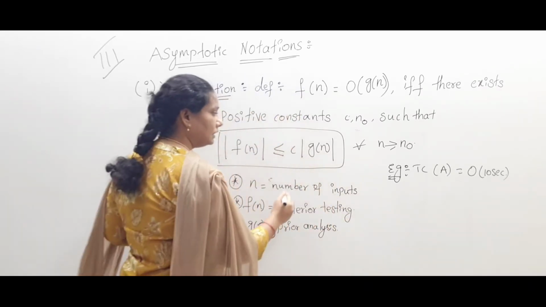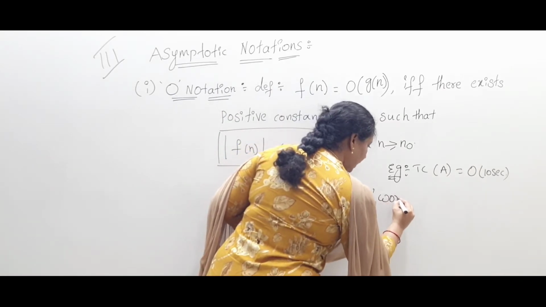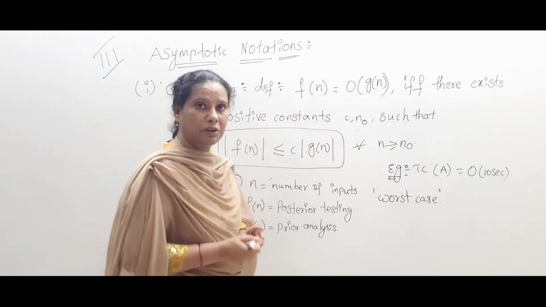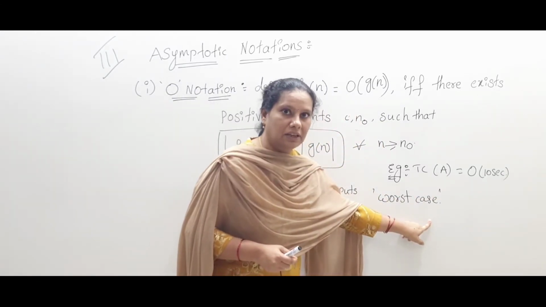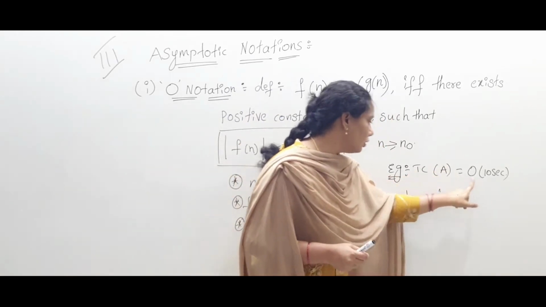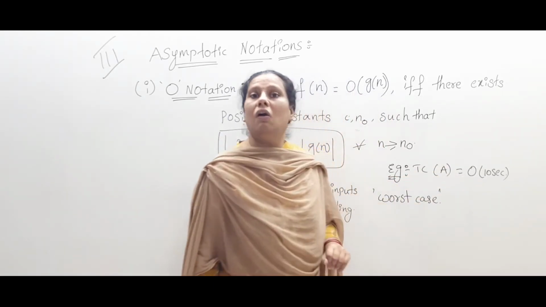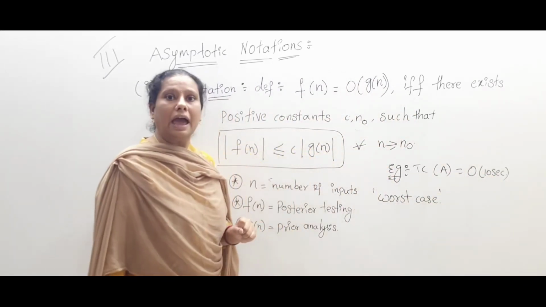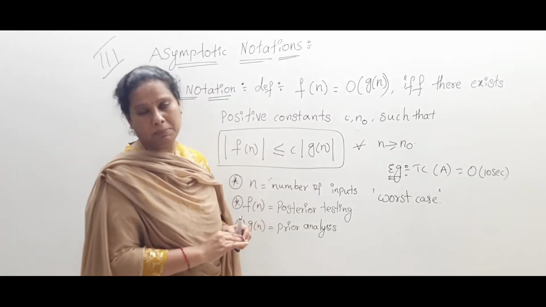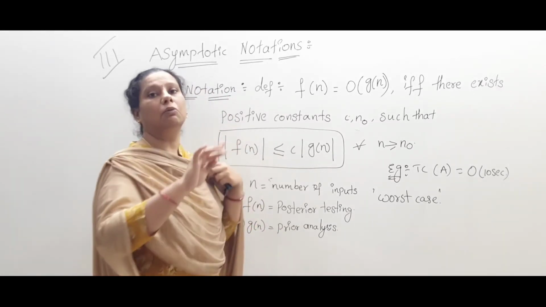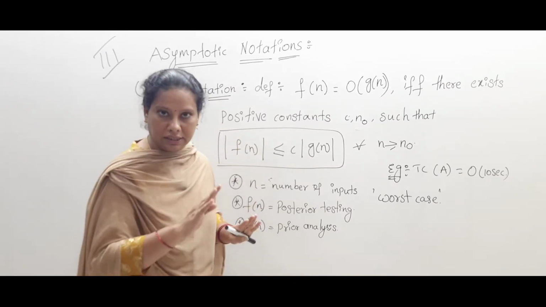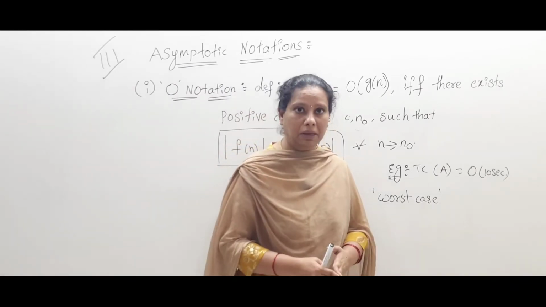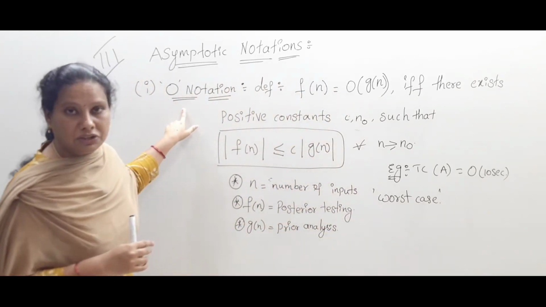If you are representing the maximum time, what case do we call it? Worst case, as I explained in the last video. So your O notation is used to represent the worst case of the algorithm. It's the maximum time you are representing, and your program may complete execution before that or equal to that, but not more than that time. If I want to represent the maximum time, then I will select O notation here.